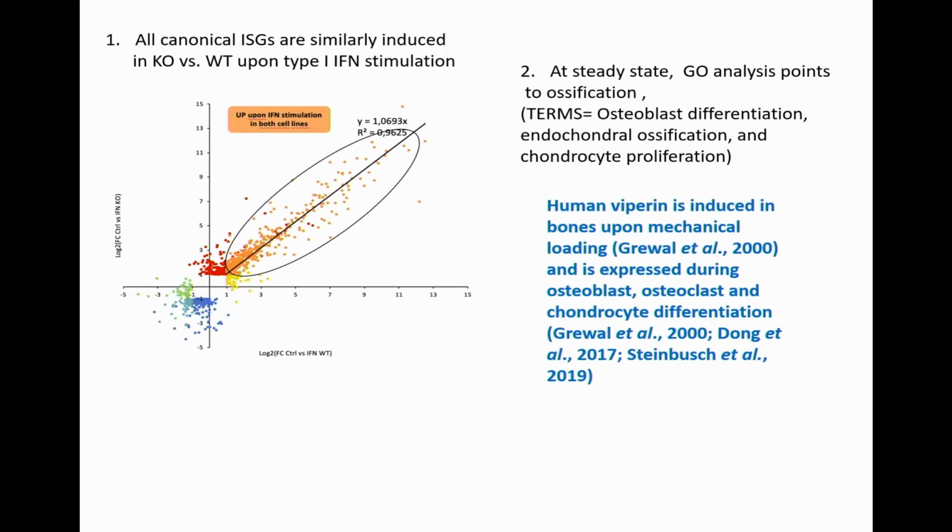Another thing that was interesting was that even if the EPC cell is not spatially close to an osteoclast, we could find at the steady state a clear effect of the mutation on genes involved in the ossification pathway. And that was funny because this gene was actually described in the 90s initially in rats as a gene involved in the activation of osteoclasts.